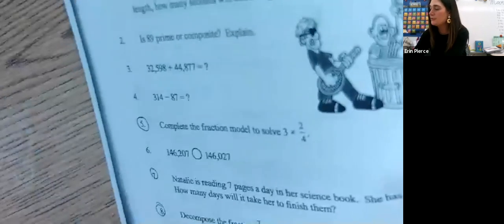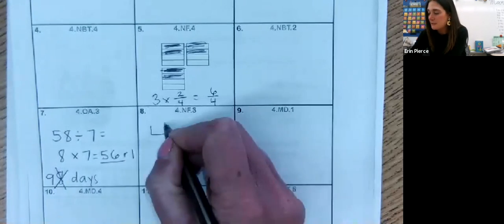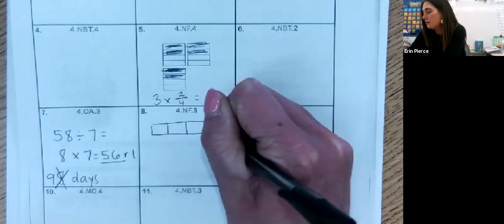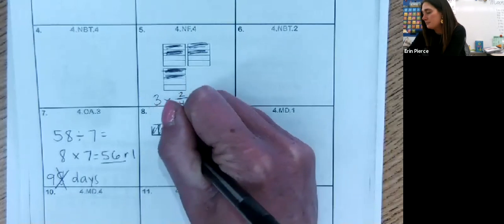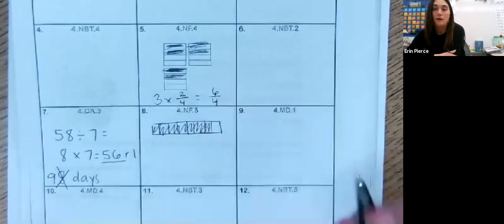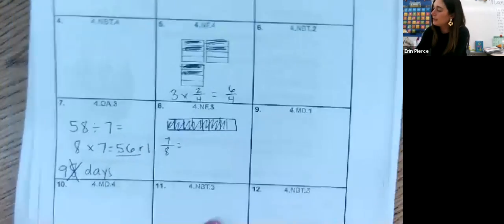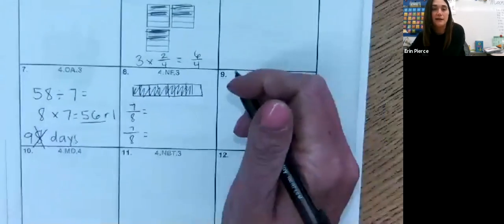9 days, not 8. Decompose the fraction 7/8. So if it helps you to draw the picture to help you see, we have the fraction 7/8 is our tape diagram, and I have 7/8 equals, we're going to write that 2 times, and then I'm just going to find 2 different ways that I could add to find 7/8.